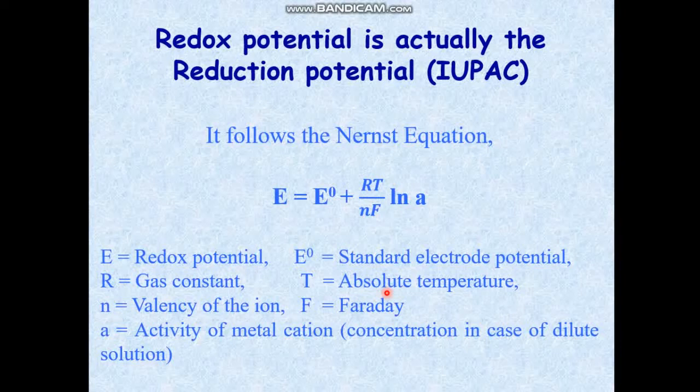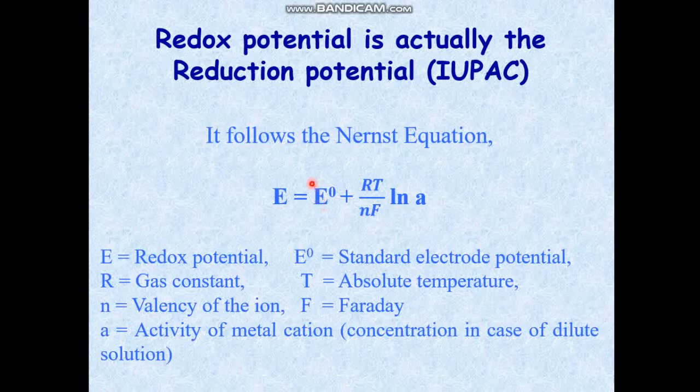In the Nernst equation, we can see a lot of symbols such as E, E0, R, T, N, F, A. Some of these symbols you are familiar with, but with some of the symbols you may not be familiar, such as R. R is the universal gas constant. T is the absolute temperature of the system or the reaction species. A is the activity. Activity means concentration. F is the Faraday.